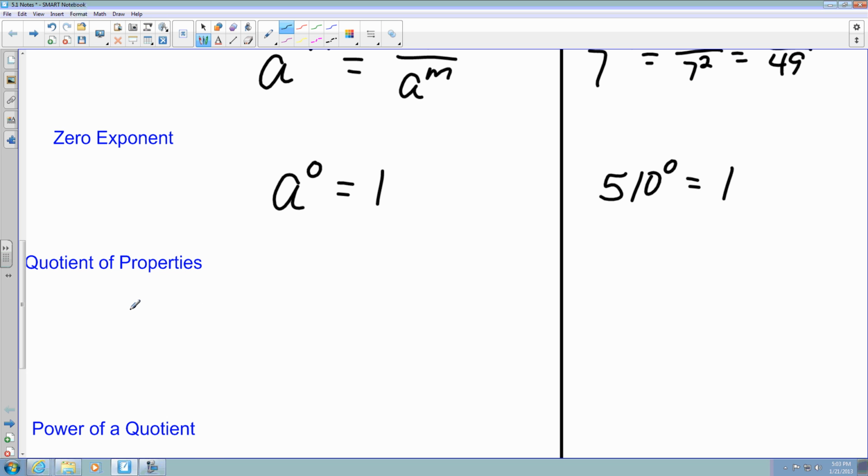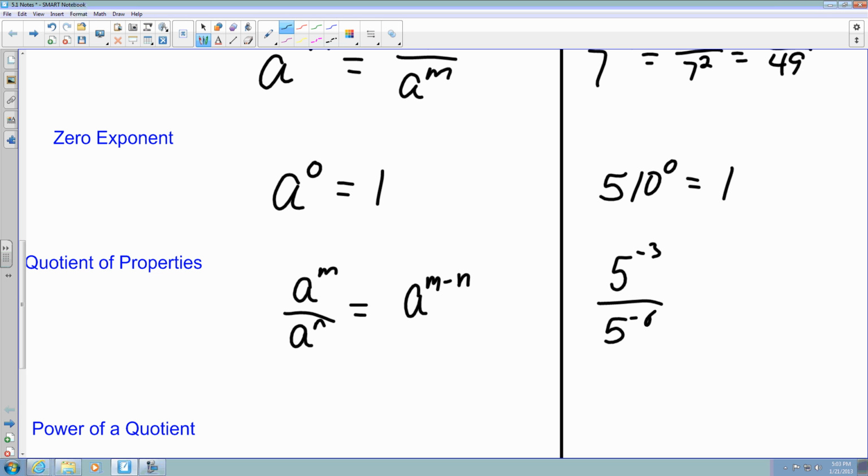The quotient property is if we had two values of the same base, so we had a divided by a, and we had exponents m and n, we could take those exponents and subtract them. So then we'd have a to the m minus n power. So for instance, say we had 5 to the negative 3 divided by 5 to the negative 8.